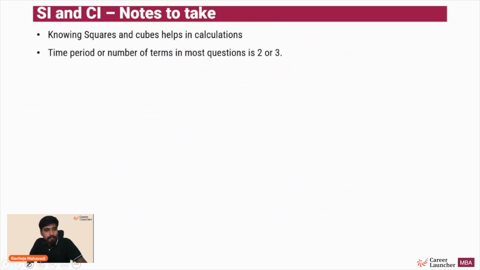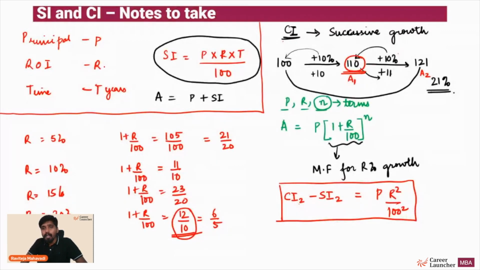And let's also see some other important points. First of all, knowing squares or cubes, up to 30 I would say, will help in your calculation. Why am I saying so? Because of (1 plus R by 100) whole power n: if the number of terms is 3 years, then you should know what is (1 plus R by 100) whole cube.